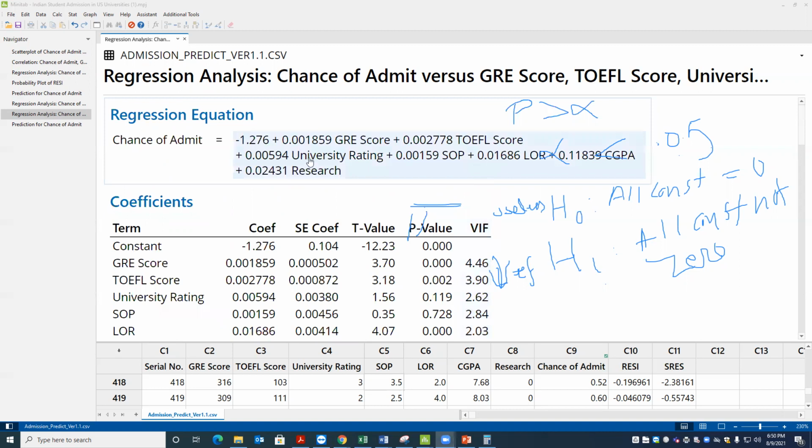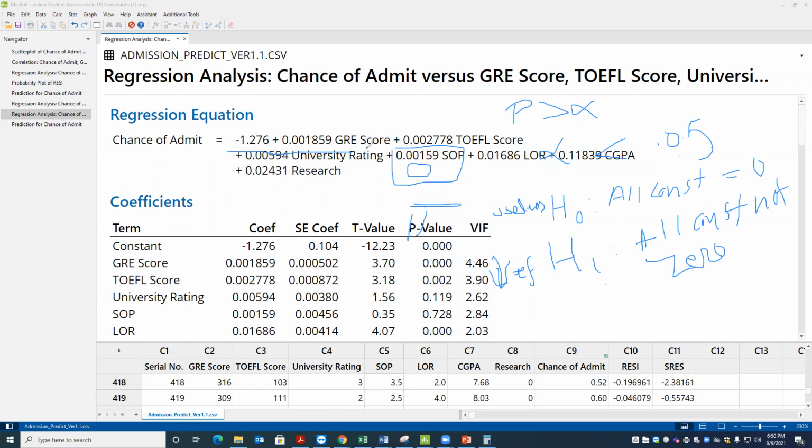Therefore, what is the meaning of this? This means the coefficient is 0, so whatever value you put for statement of purpose, this whole term will be 0. That means it does not have any significance in this equation.